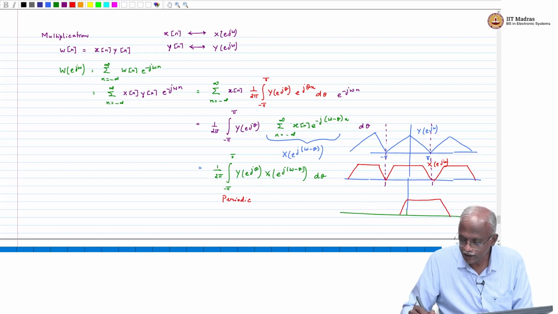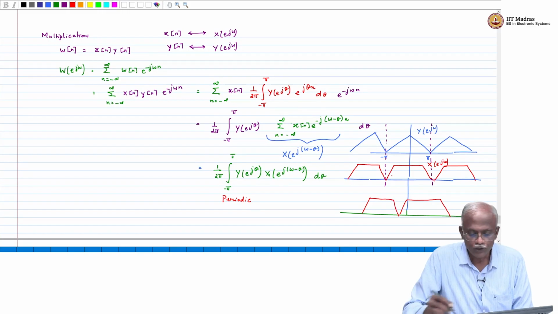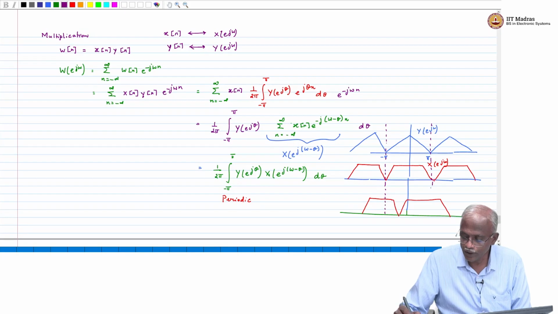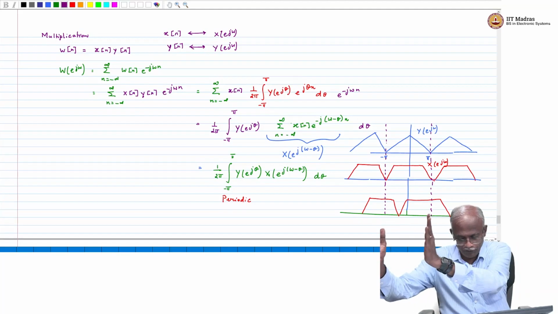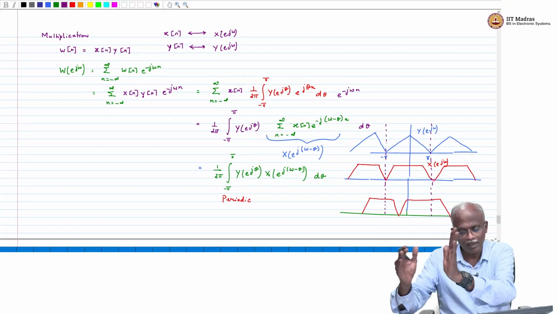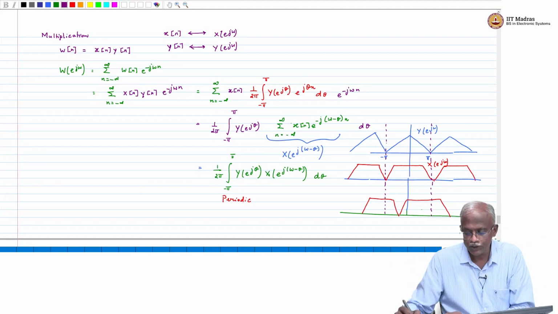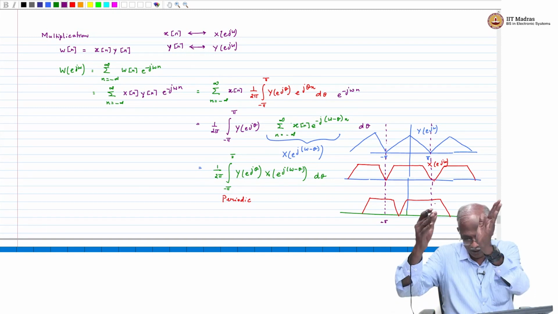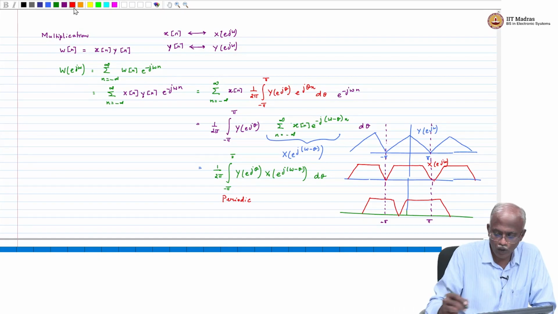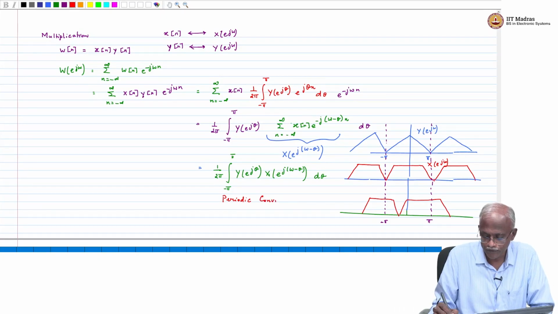But there is a next copy which is coming in from the other side. So, when you do the integration, remember you are still doing it between minus pi to pi, you have one portion which is shifted out, but another portion that is coming in because of the circular shift. So, always the integration is over the portion between minus pi to pi, and this is called periodic convolution.